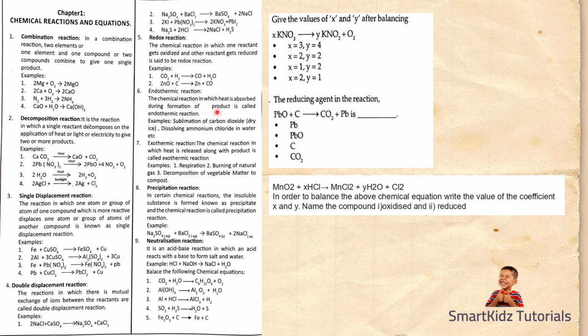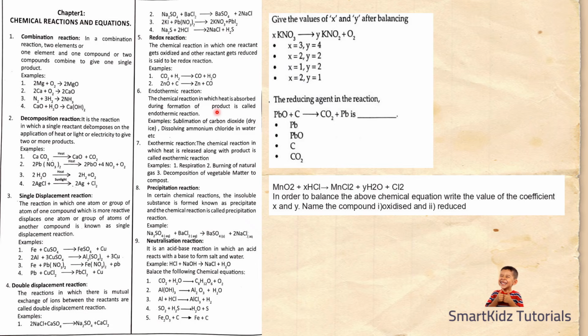But every time you do not have oxygen in your reaction, and still it will be classified as an oxidation or a reduction reaction. That happens when there is hydrogen involved. So you just got to remember one thing: oxidation means oxygen is involved. So when somebody receives oxygen, we call it an oxidation reaction.